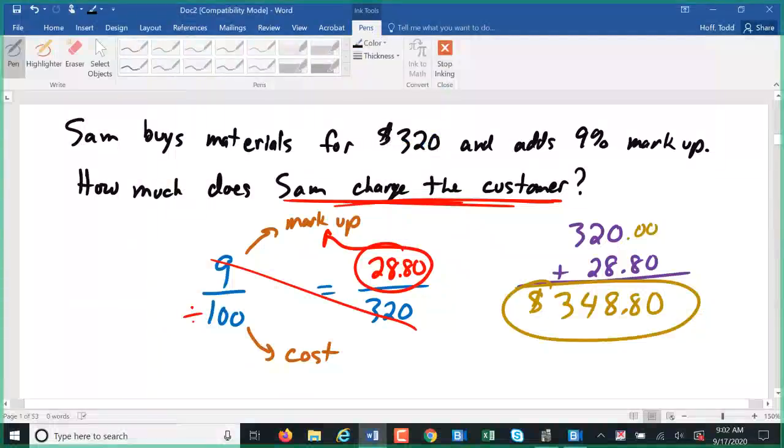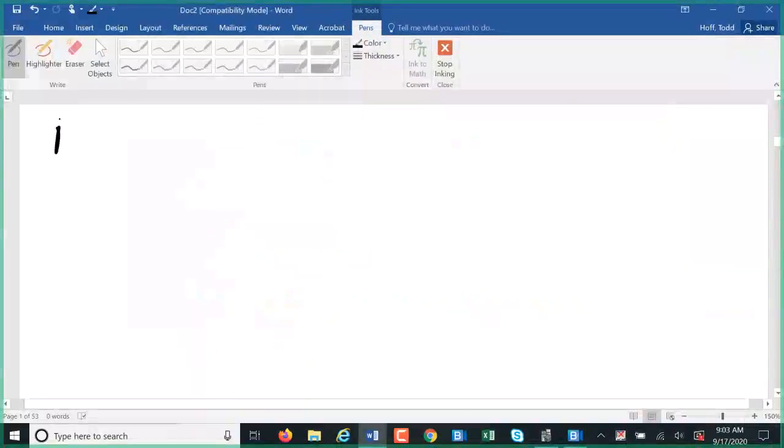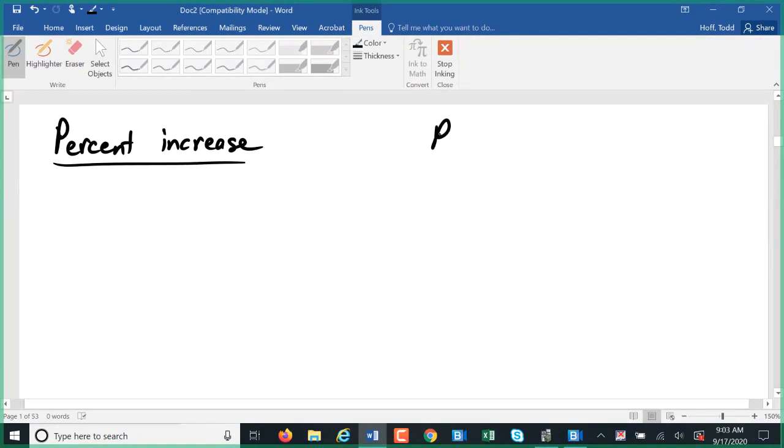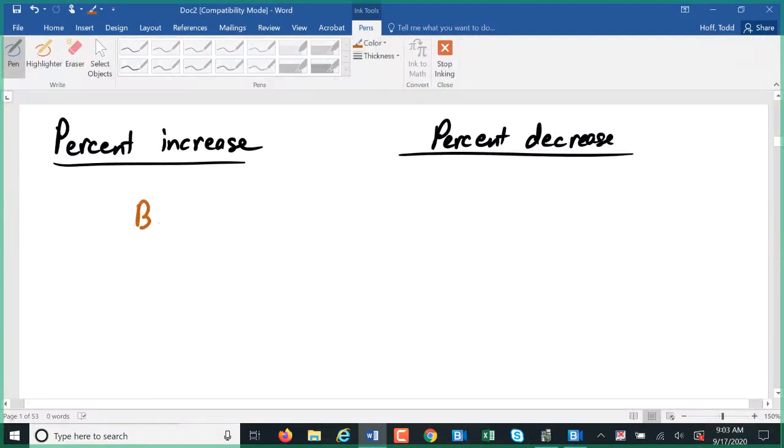Many times with percent problems, we end up with either what's called a percent increase, which is what this one was, or a percent decrease, which we'll look at in a minute here with discounts. In a percent increase problem, we have some sort of a base amount.